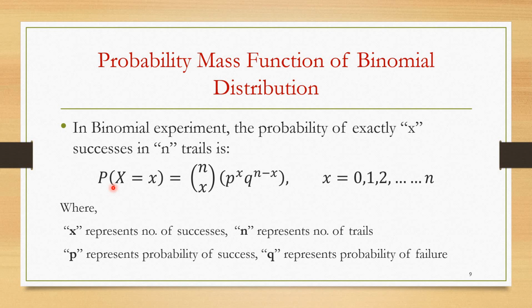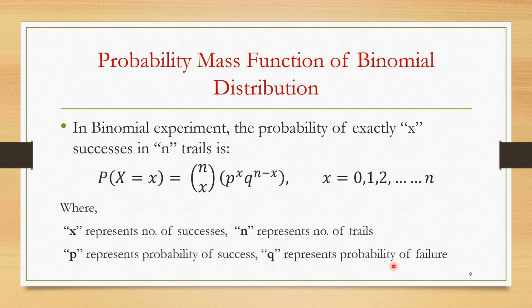We define success as the random variable. So small x is the number of successes. What is small n? Small n is the number of trials. What is small p? Small p represents the probability of success. What is small q? Small q represents the probability of failure.